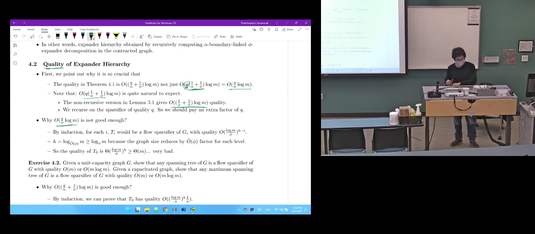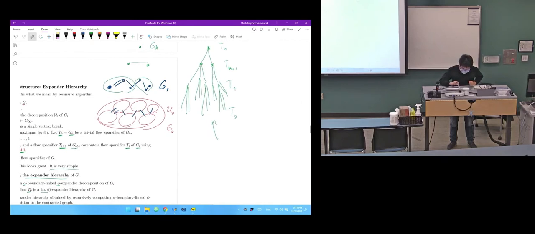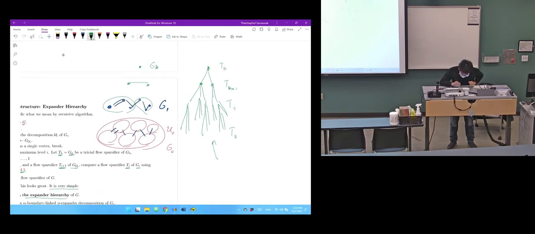This is because by induction, if you get this and apply the theorem again and again, you will get that Ti has this quality. So go back to this. The quality of TH is going to be 1.